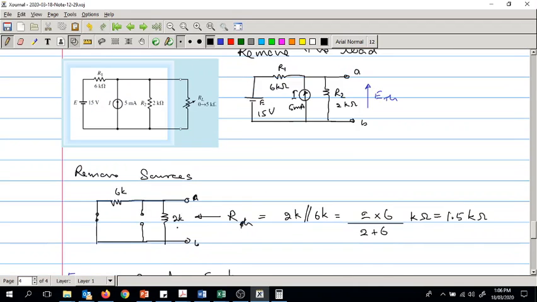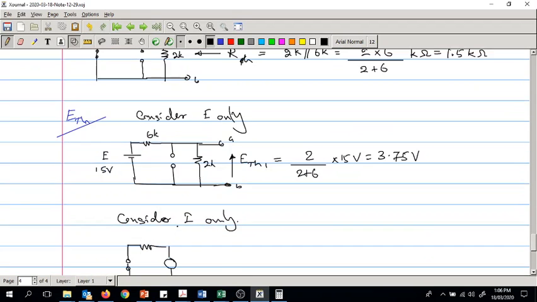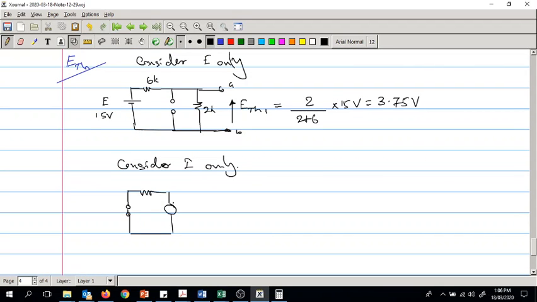The current source is upwards, 5 milliamperes. Then you have a resistor here, 2k, 6k, and you need to find the voltage across A and B, which is ETH2.